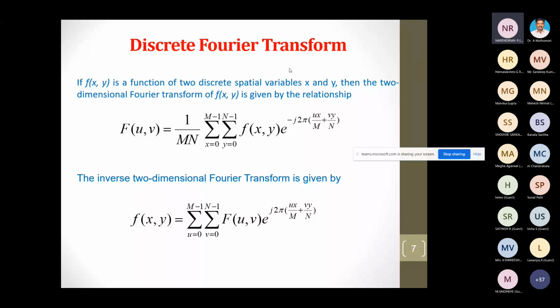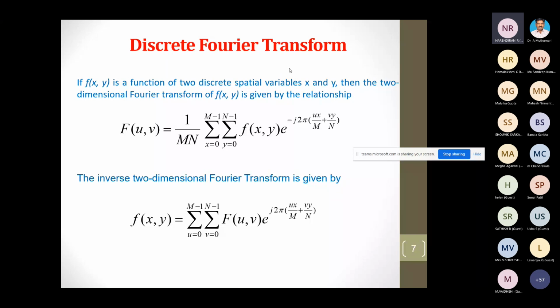In the inverse transform, the same thing is there; the only difference is that here it is a minus and in the inverse transform it is a plus. Nothing more than that. The ux by m and vy by n are the same in the exponent of the exponential.